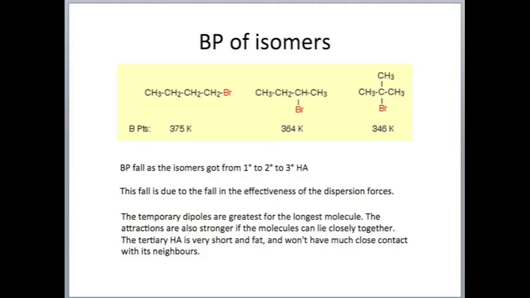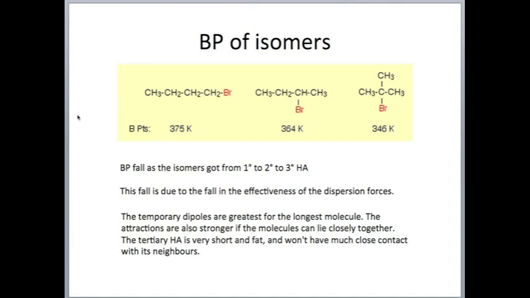Let's now consider the boiling point of isomers. In the examples shown here, we can see that the boiling point falls as the isomers go from primary to secondary to tertiary halogenoalkane. This is simply a result of the fall in the effectiveness of the dispersion forces.